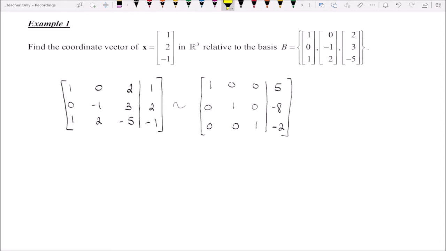Right here, this column gives us our coordinate vector. Therefore our coordinate vector for X with respect to the basis B is the vector (5, -8, -2).